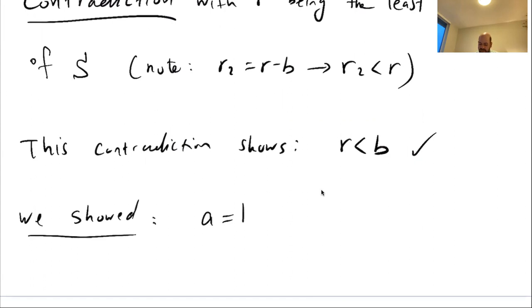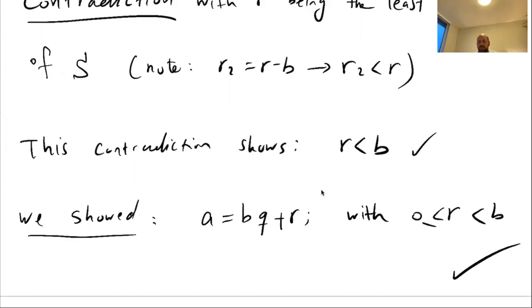So A equals BQ plus R with R bigger than or equal to 0, less than B. Okay, so this is the proof of the division algorithm. And of course, we did some examples as well for the division algorithm.